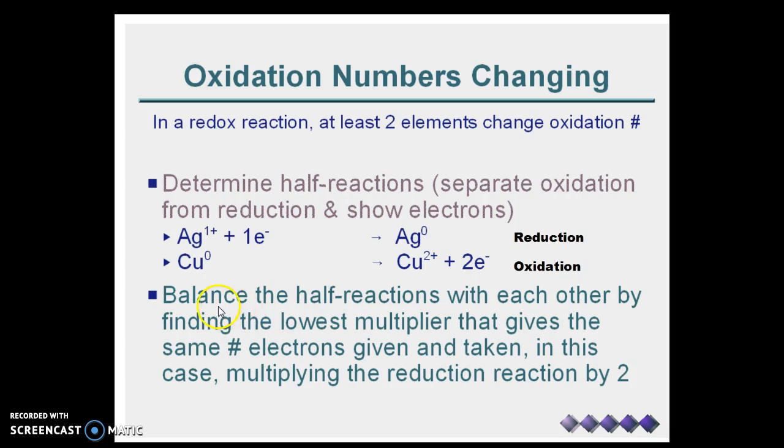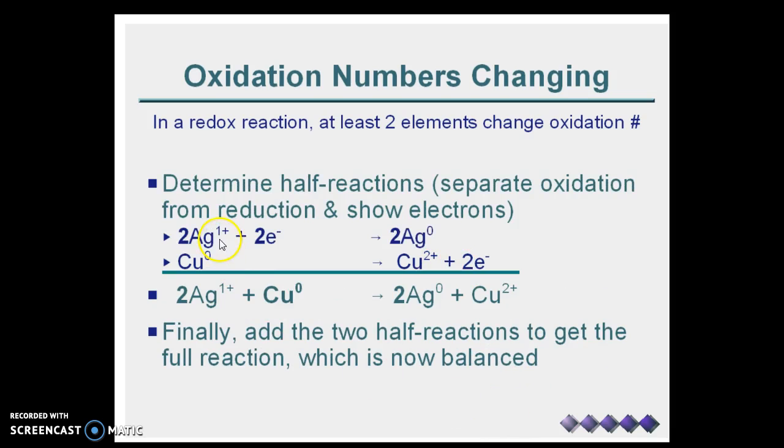The next thing we have to do is balance the half reactions with each other by finding the lowest multiplier that gives the same number of electrons given away and taken in. In this case, if we multiply the reduction by 2, we're taking in 2 electrons as we're giving away 2 electrons from the copper. And so when we do that, we have balance for charge.